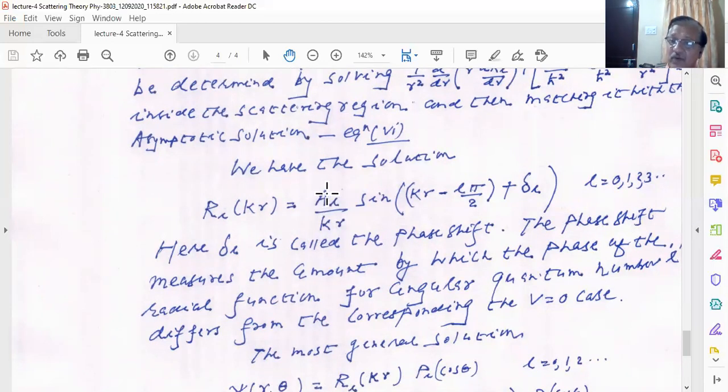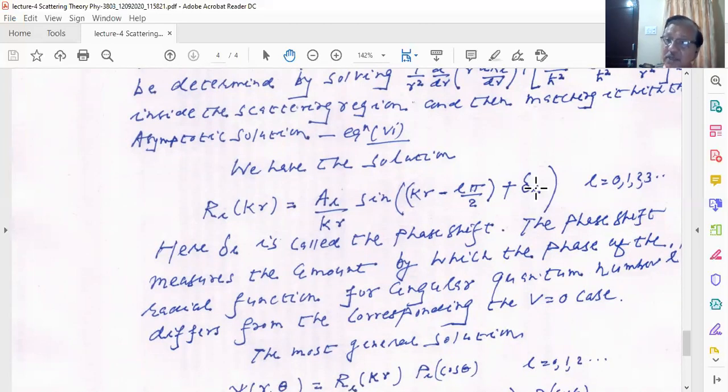So we have to find the relation between these two constants A dash and A L. The constants A dash and A L are related by a factor delta L. Delta L is the phase shift which is produced because the potential is observed by the incident particle.